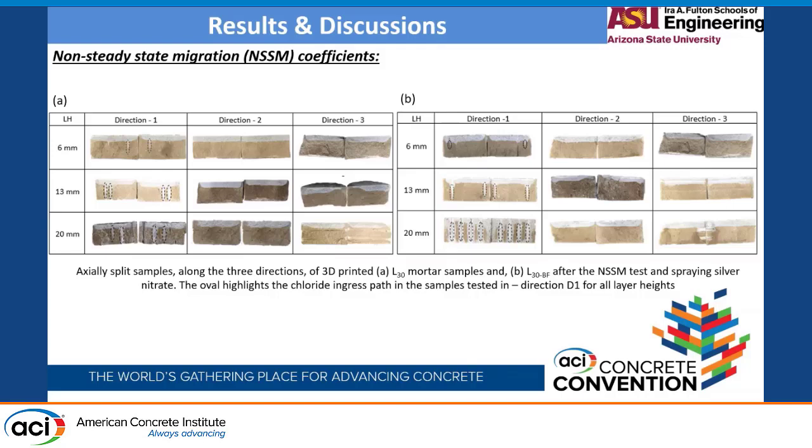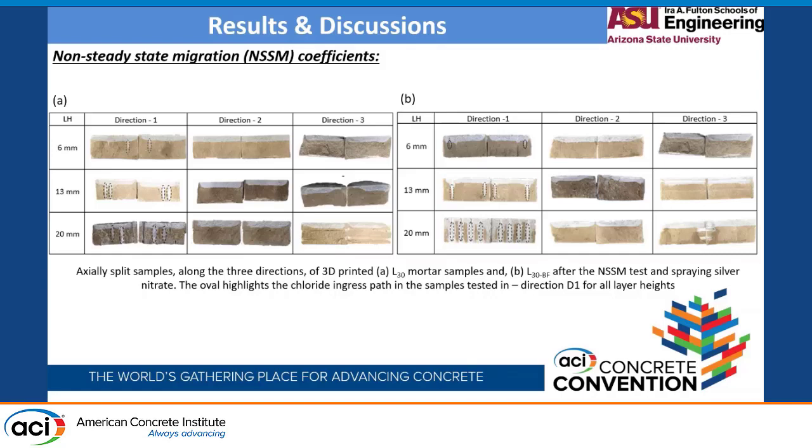A major thing to note in direction 1, in all the samples, in plain as well as fiber reinforced mortars, is that although the test recommends taking the penetration depth on the bulk region, which is marked by this line, you can see that there was a penetration in this region which marks the interlayer and interfilament voids. So we defined two non-steady state migration coefficients for direction 1 specifically, D1A, which is taken on the bulk region, and D1B, which is taken on the interfacial regions.